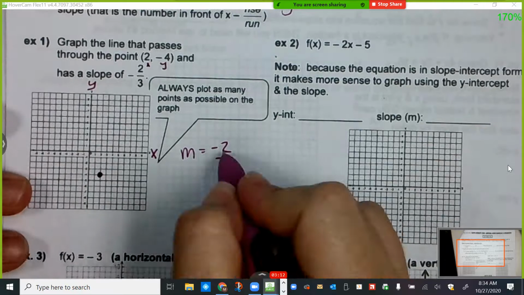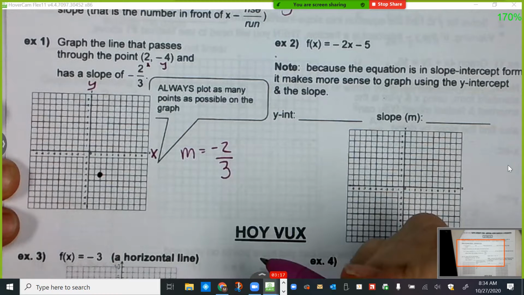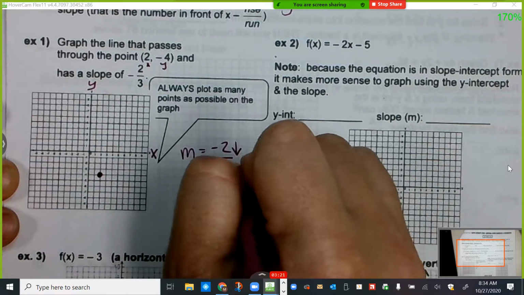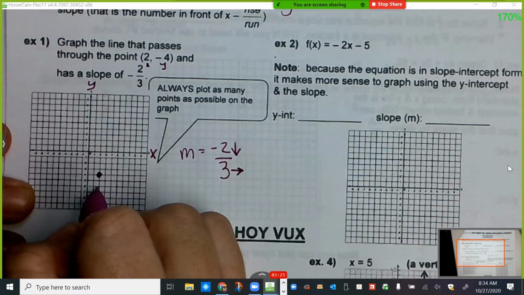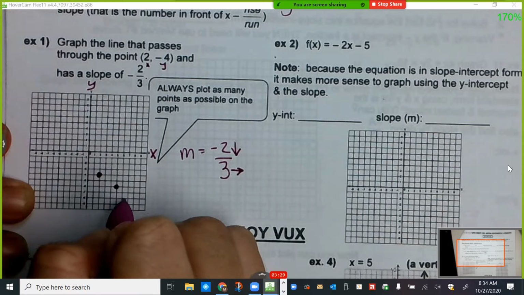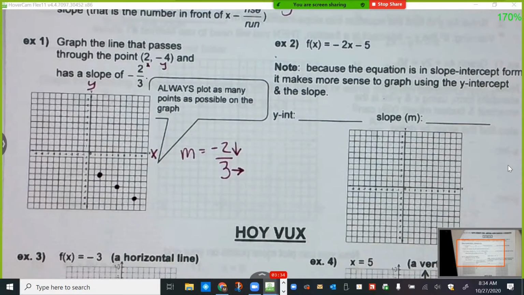Okay, so -2, remember it's rise over run, but do you go up or down with a negative? Down. And then always go to the right when the bottom is positive. So go down 2, right 1, 2, 3. Down 2, right 1, 2, 3. Okay, now I've run out of space. Have I graphed all the points all the way across though?